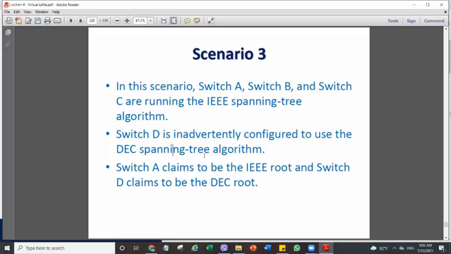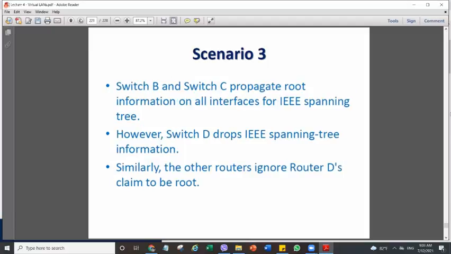The IEEE one is used by 3 switches, and among those 3, one has been picked: switch A. Switch B and switch C propagate root information on all interfaces using the IEEE spanning tree protocol because they are not the root, they are just designated switches.